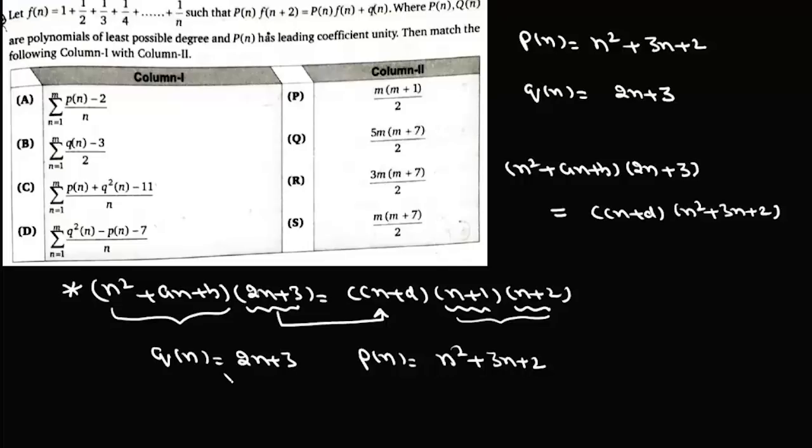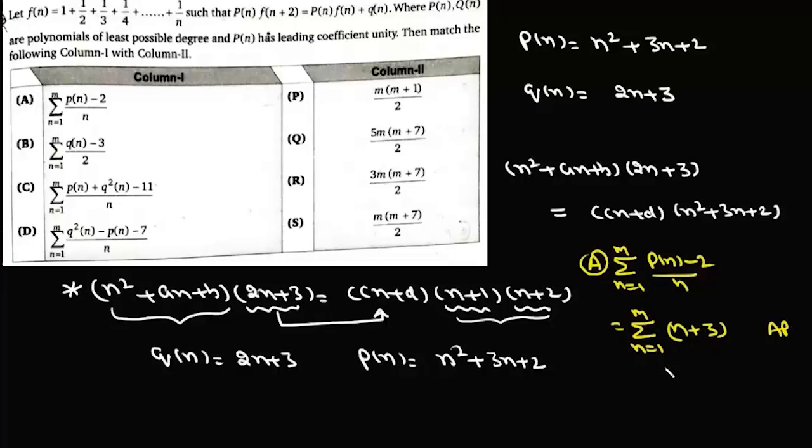Now we'll start solving the options. Now this first part is A. You need to find this summation, n varies from 1 to m, Pn minus 2 upon n. Now Pn minus 2 upon n will be simply summation of n plus 3, which is an AP.